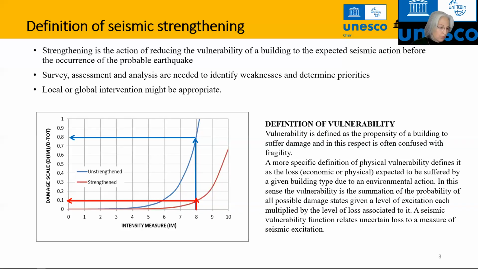And if you can improve the conditions for one building or for one building type, then this approach can be applied, for instance, at urban level in order to improve the resilience and the response of an entire city to a possible future earthquake.